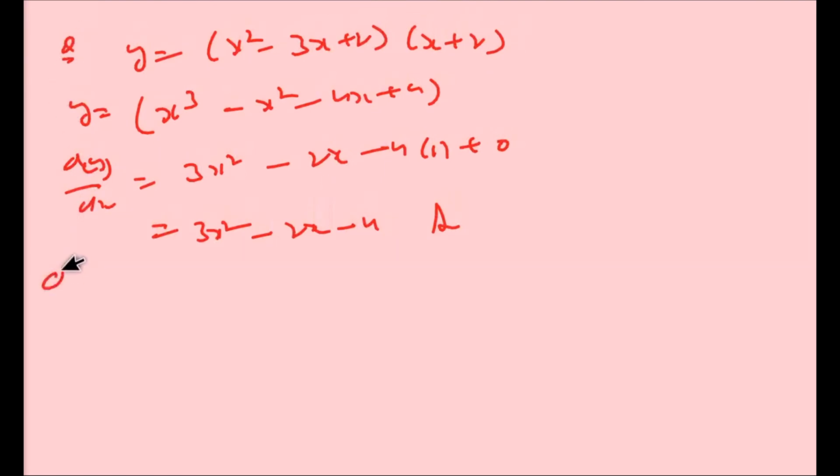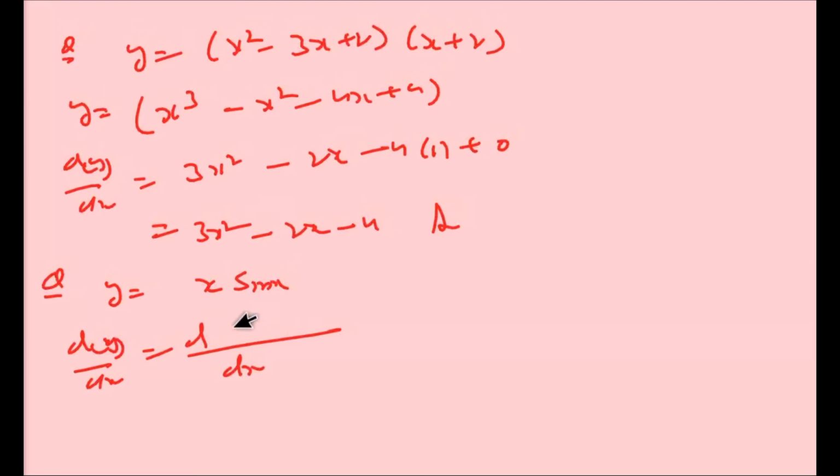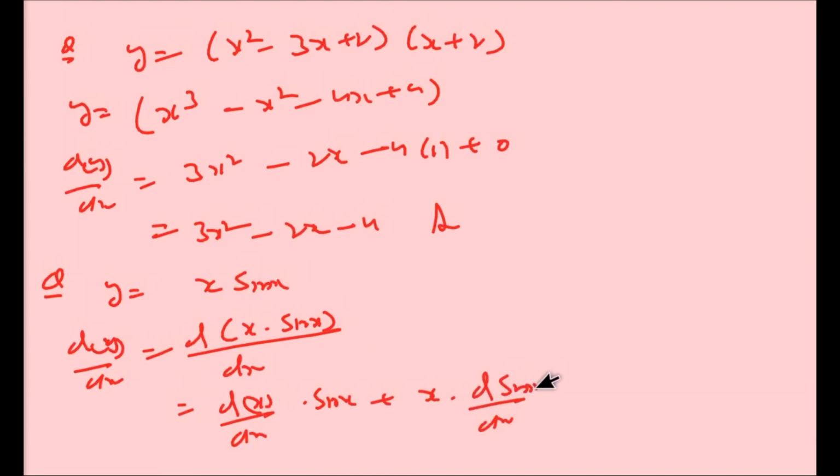Now y equals x sine x. We cannot simplify this, so we have to differentiate it by using the product formula. You know the product formula: differential of the first function into the second plus first into differential of the second function.